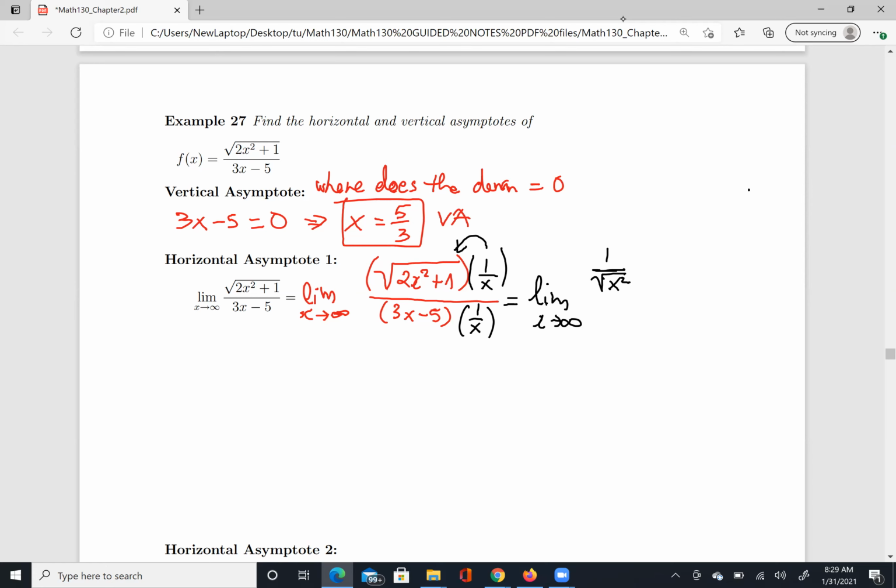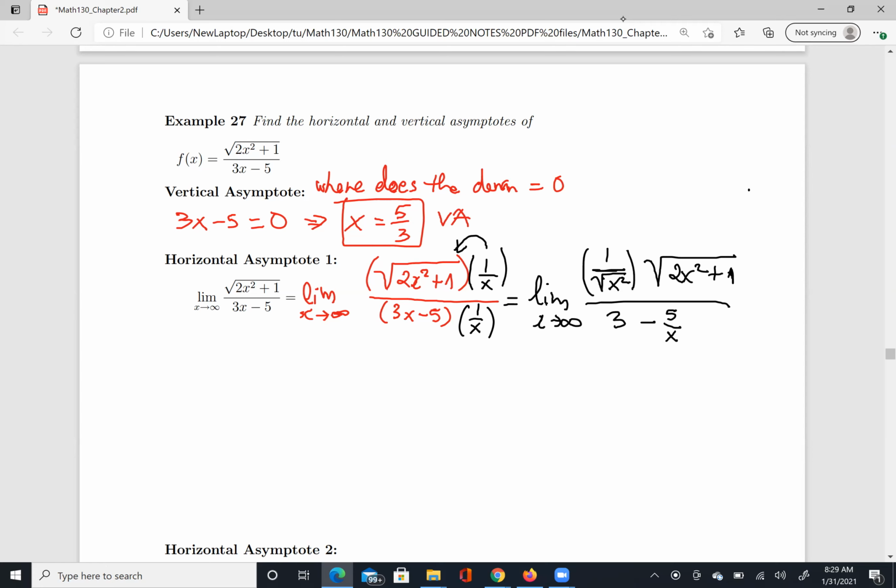I can rewrite it like that. And the bottom will be easily rewritten as 3 minus 5 over x, you can see here. And for the top, the radical is still going to be 2x squared plus 1.